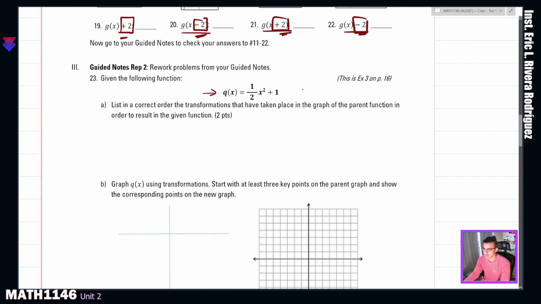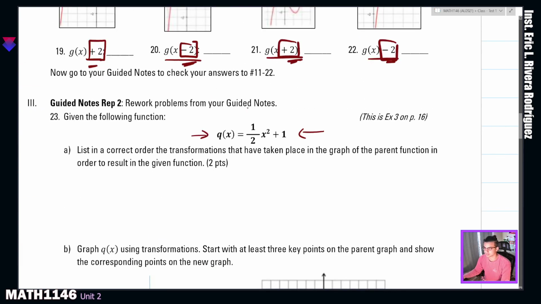Here you can see that we have a function q of x. The first thing, for every function when we need to identify the transformations, is that we need to identify the parent function. Going back to the guided notes, there's a library of parent functions. Those parent functions have something unique in their equation that will determine the type of function that it is.